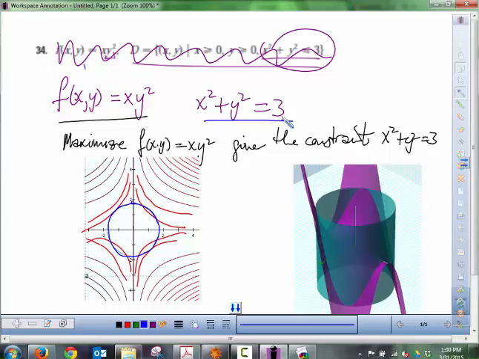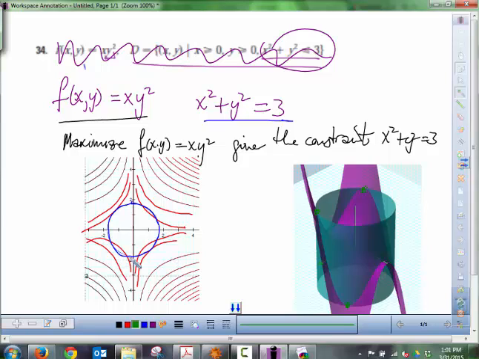Now, if I take a look at this, I kind of see a couple of possibilities for my minimum and a couple of possibilities for my maximum, kind of sitting in those spots over there. And I know it's kind of hard to visualize this, but where do you think those maximums and minimums would be? It has to be on that circle, right?